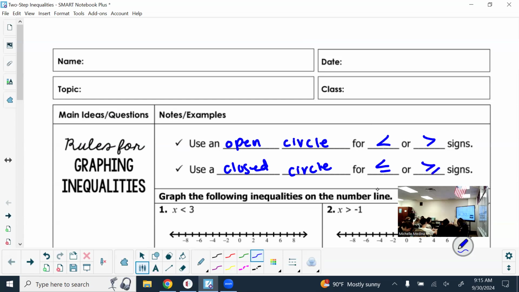So these are your 4 possible inequality symbols. The first 2 are less than and greater than. The second 2 have an equal sign in them, at least half of them. So any answers using these can be less than or equal to, and vice versa.